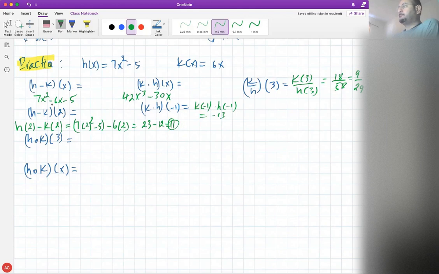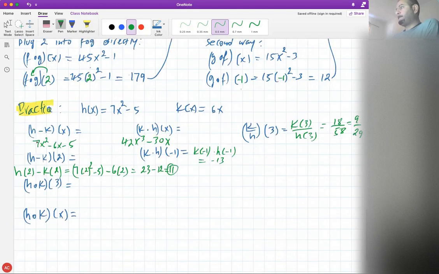I have a question about the result negative 13. It should be 12. That's what I was asking, if you guys have a different answer, but nobody responded. So let's do that again. Negative 1 into K would be negative 6. Multiply negative 1 into H: let's plug negative 1 here.